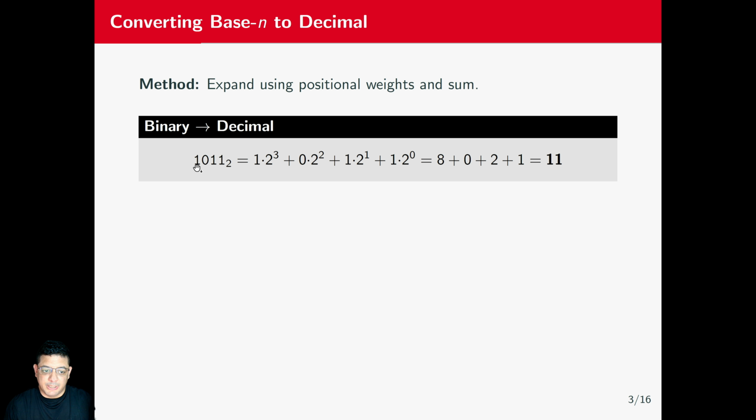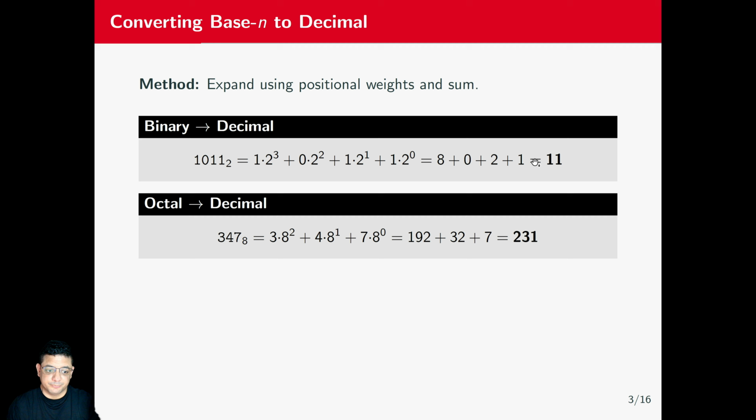Because this is in the third position, this is going to be 1 times 2 to the 3. Then 0 is in position 2, so it's 0 times 2 to the 2, plus 1 times 2 to the 1, plus 1 times 2 to the 0. That gives me 8 plus 0 plus 2 plus 1, which is 11. So this number, 1011 in base 2, is the representation for 11 in decimal.